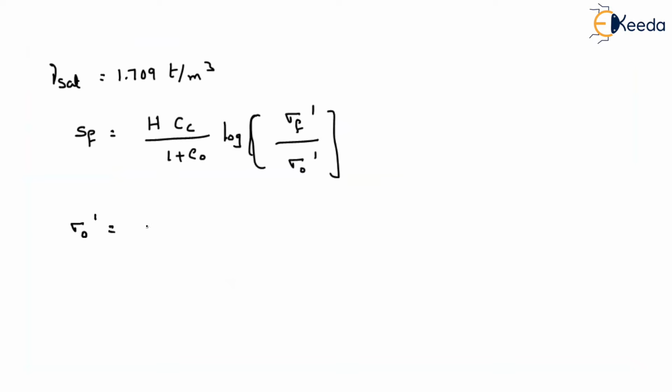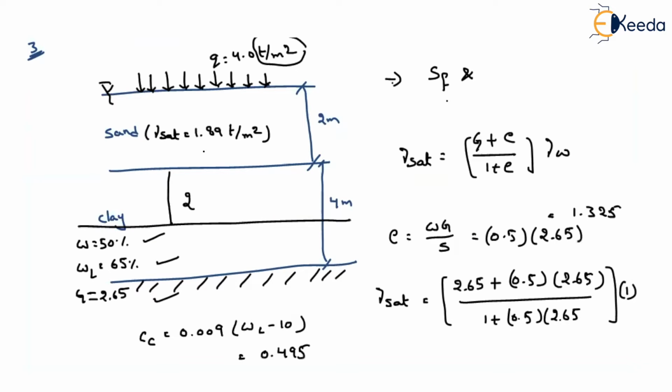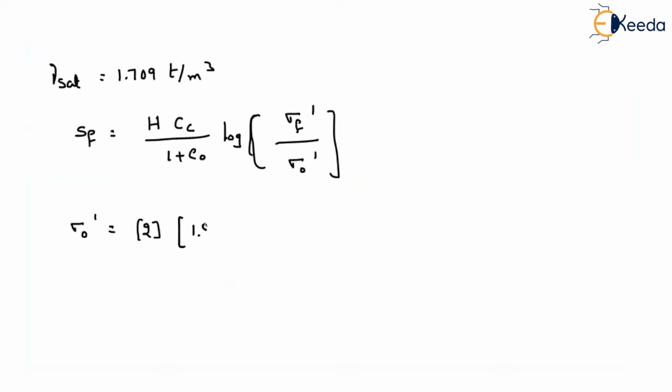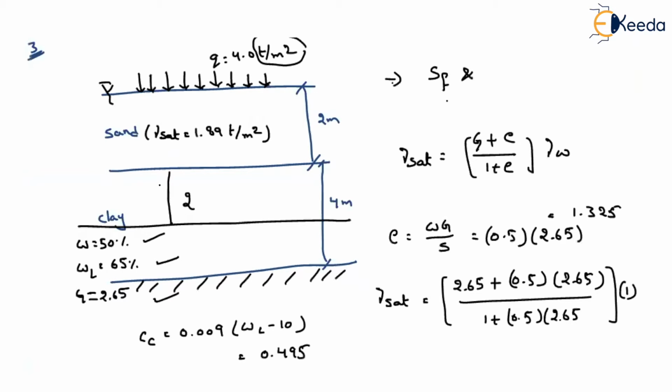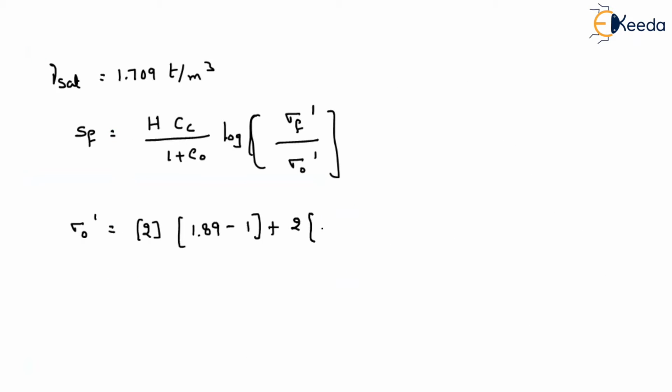At the center of clay, 2 times gamma sand, so 1.89 into 2, plus, for the clay layer up to 2 meters, 2 into (gamma saturated minus gamma W), that is, 1.709 minus 1, where gamma W is 1 ton per meter cube. If we solve this, we will get around 3.2 ton per meter square.